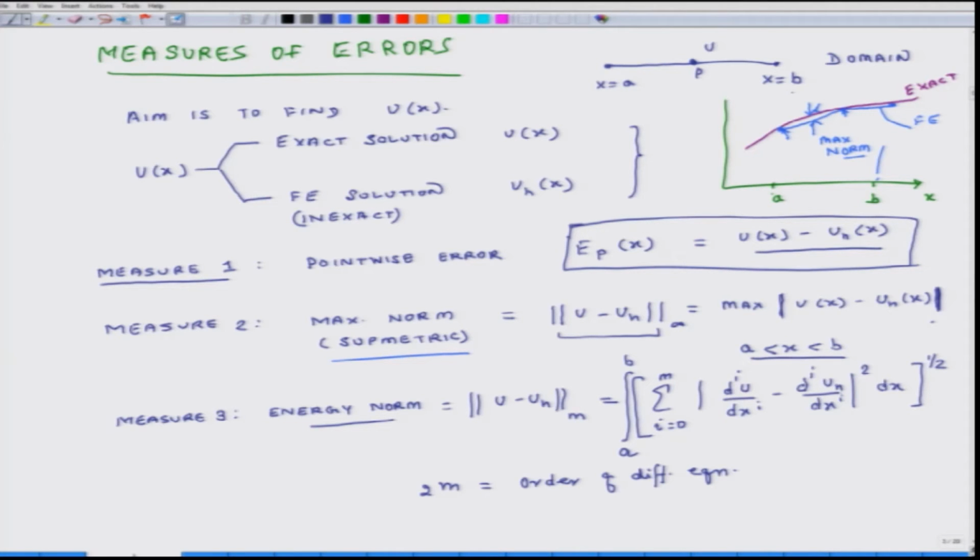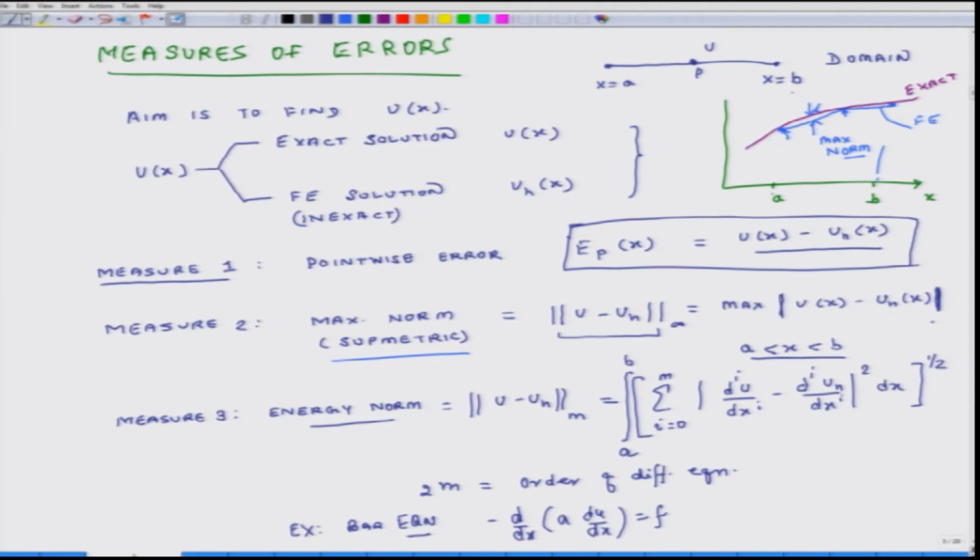For instance, the bar equation is an example, where we have a bar under tension. The equation for this is minus d over dx of A du over dx equals f. So, this is a second order differential equation. So, this second order differential equation means that m is 1.